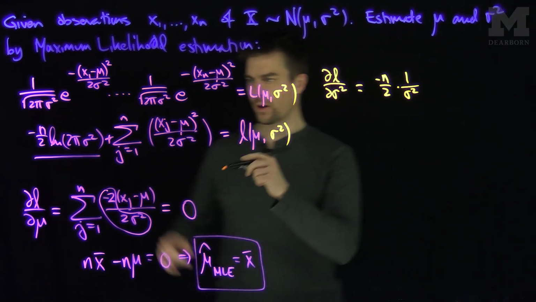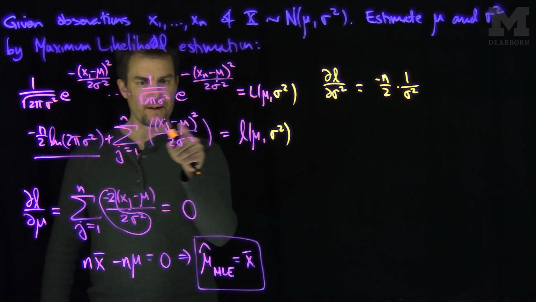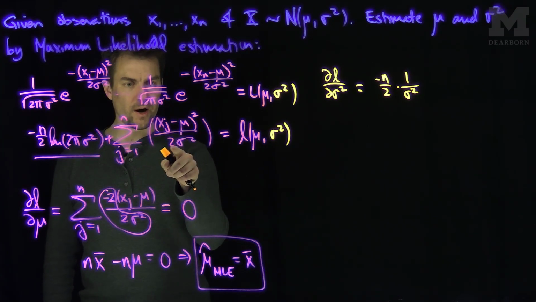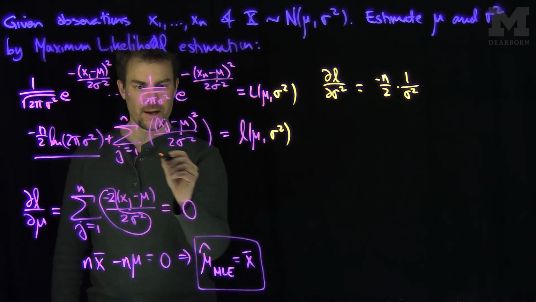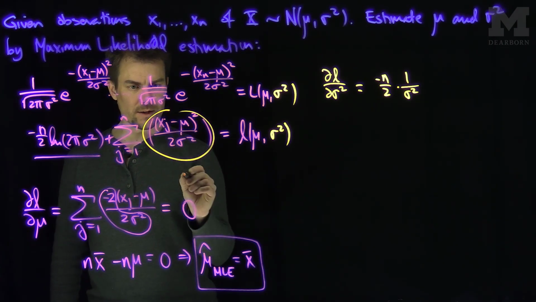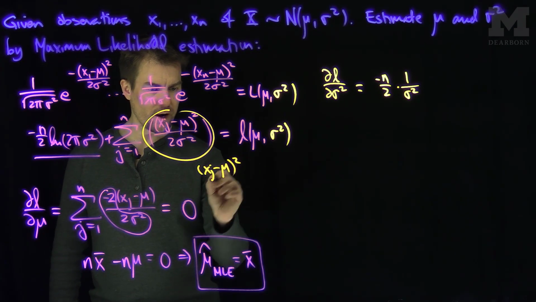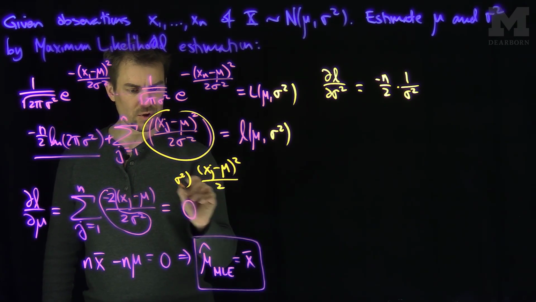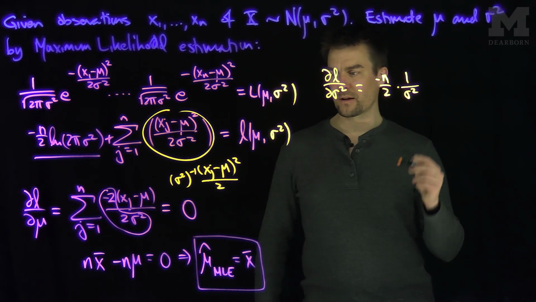And then we will do the derivative of the sum with respect to sigma squared. I have xj minus mu quantity squared over 2, and sigma squared is in the denominator. That's the same thing as xj minus mu squared over 2 times sigma squared to the negative 1. So the derivative of that will be sigma squared to the negative 1, with a negative sign.